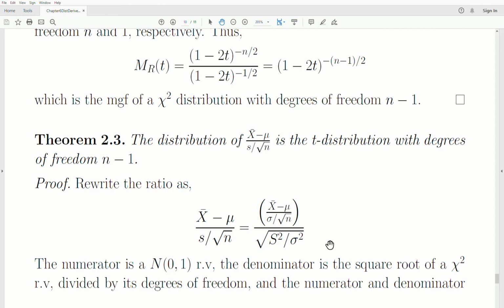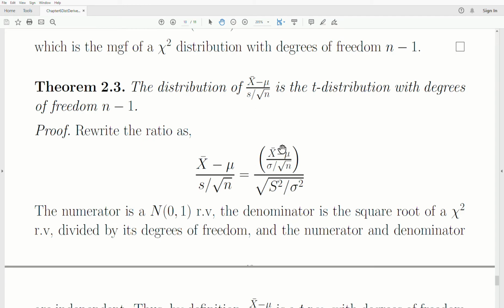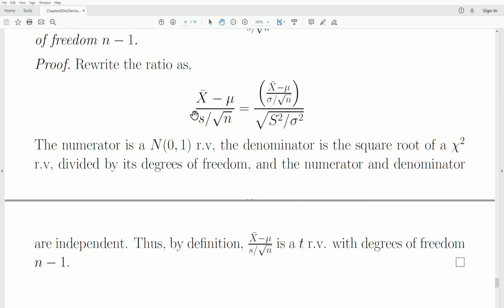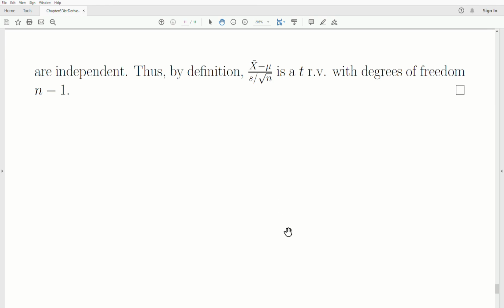Then we're dividing by the n minus 1, which is the degrees of freedom associated with that. We know the numerator and denominator are independent, and thus, that's the definition of a t random variable: standard normal divided by the square root of a chi-square divided by its degrees of freedom. That's a t distribution. Hence, we've shown that this is a t distribution with n minus 1 degrees of freedom.